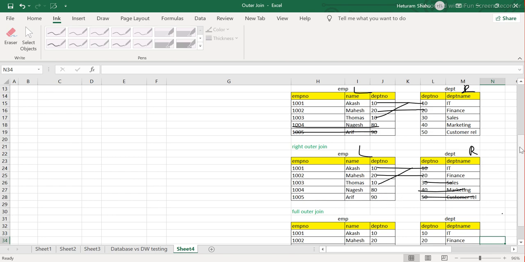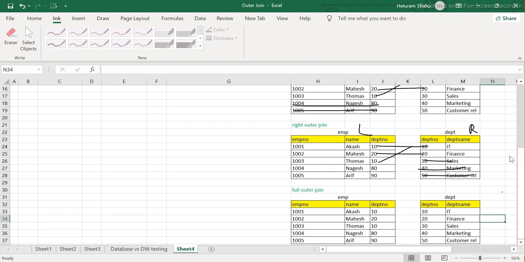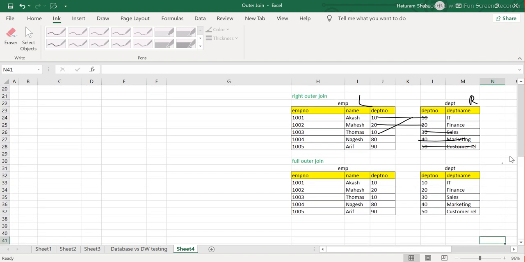And then what is the output in a full outer join, guys? Again, the matching rows will always be displayed, and then the unmatched records will be displayed like this, with the corresponding department number and department name from this table being null, null since there is no matching.